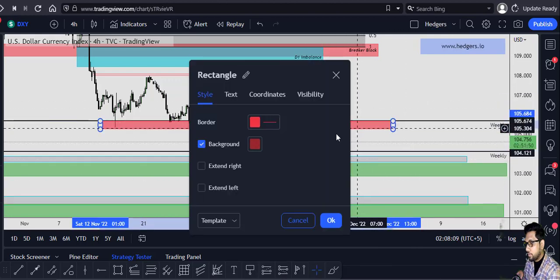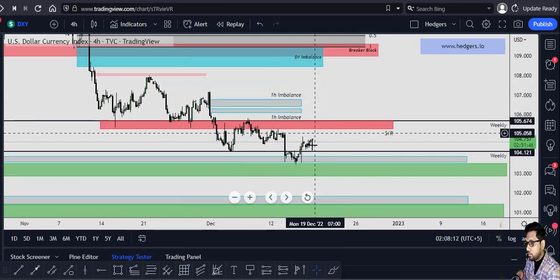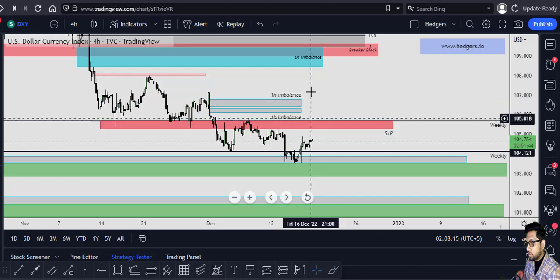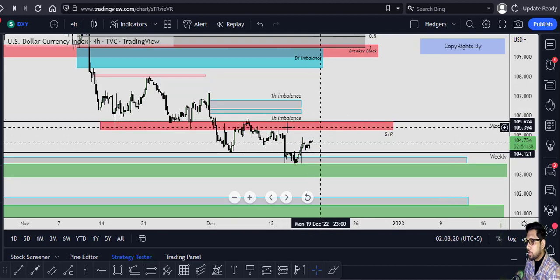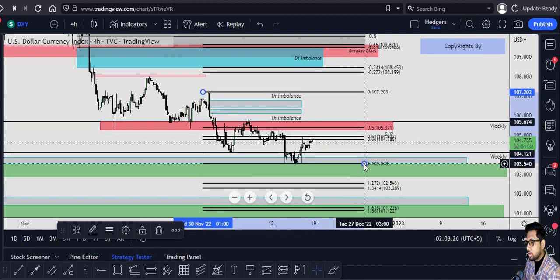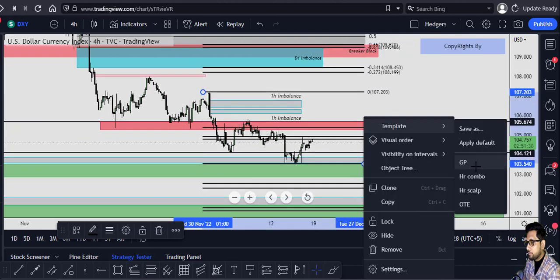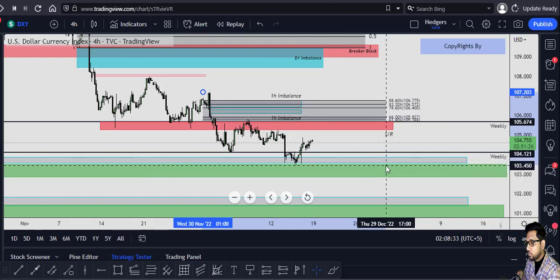The dollar needs to flip it to become bullish again. If we reject exactly from here, then there are high chances that it's going to go more downside.